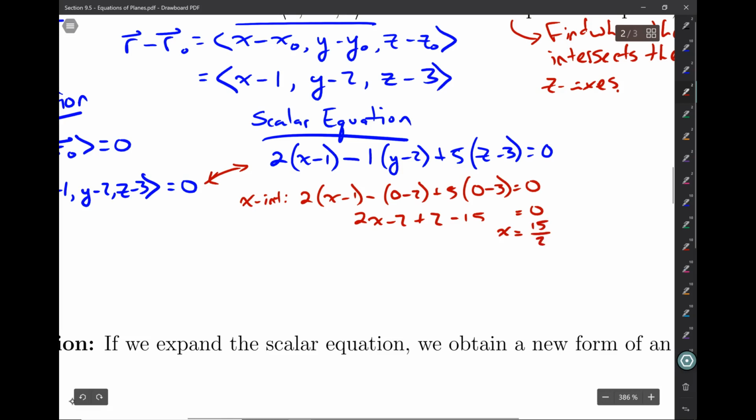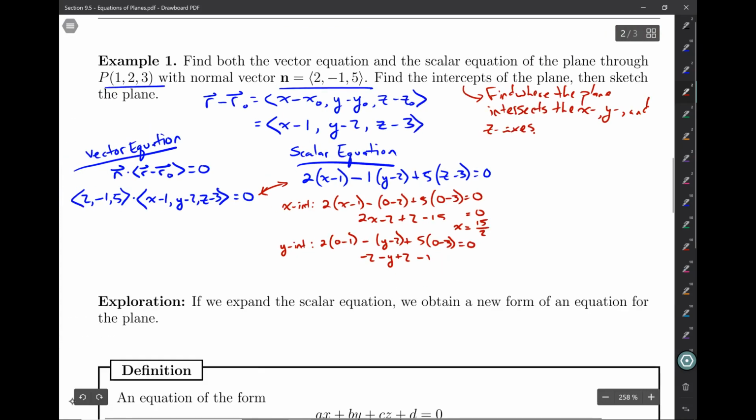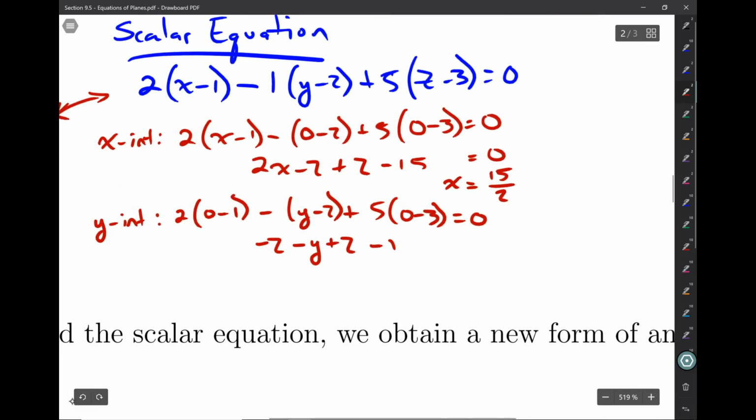For our y-intercept, we do the same thing, except x is 0 this time, y is just y, and z is still 0. Multiplying all of this out, we get negative 2 minus y plus 2 minus 15 equals 0.